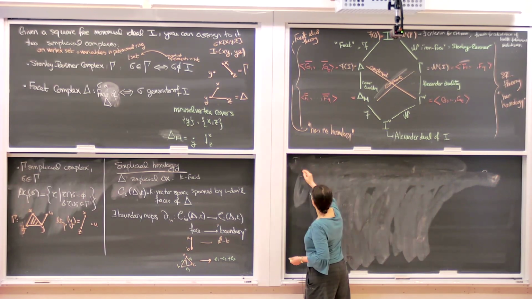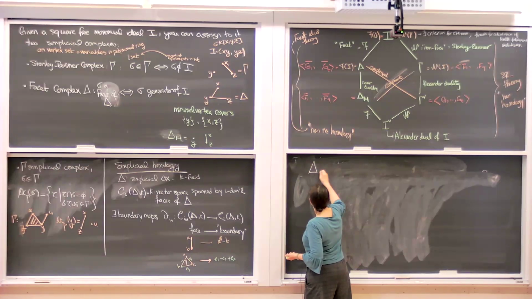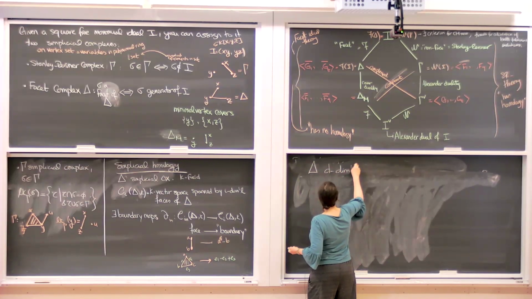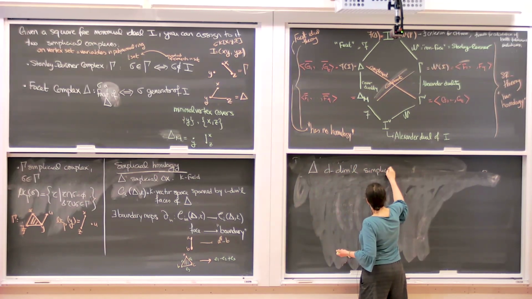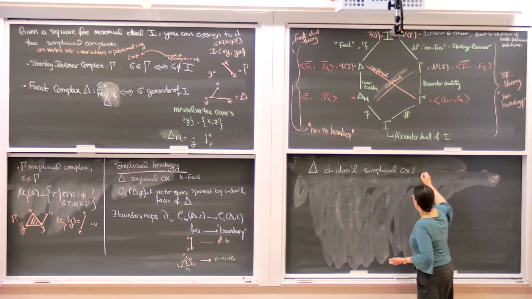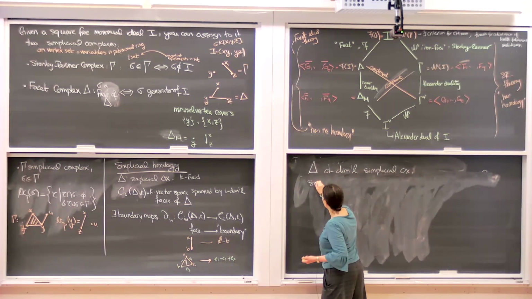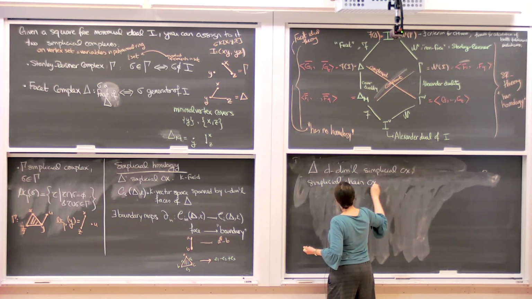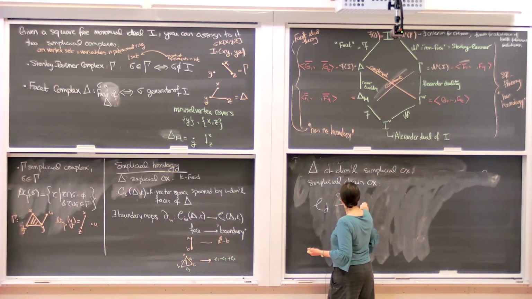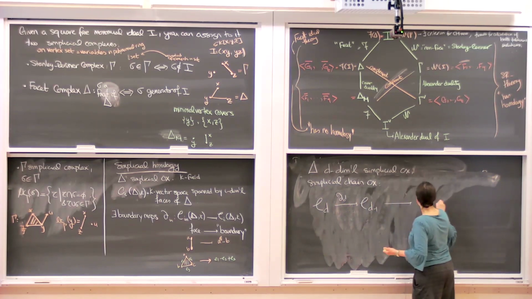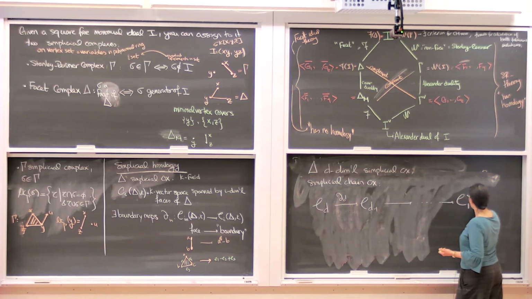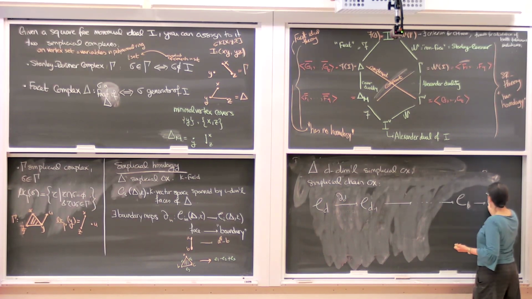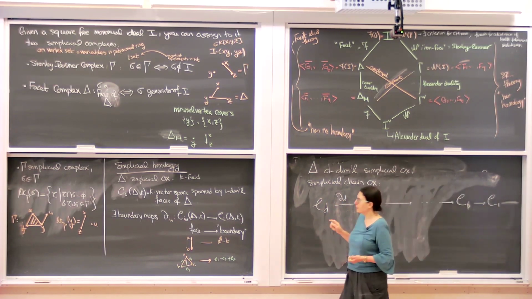So if delta is a d-dimensional complex, I get a simplicial chain complex which basically has to go from C_d, what did I call this, d, all the way down to C1, C0, and even C-1 for the empty set, because we do the, let me not put a 0 there, because we're doing reduced homology.